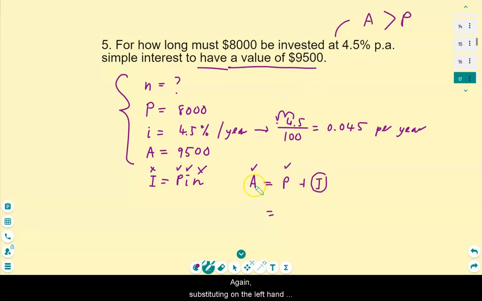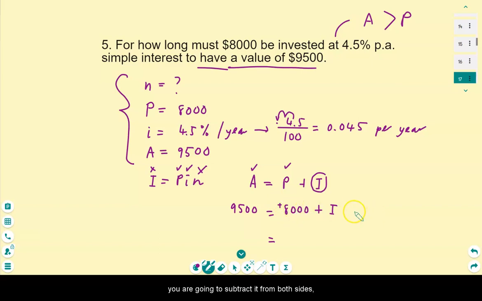We've got A, so again, substituting on the left-hand side will have to happen sometimes. 9,500. P is 8,000. I is our unknown. Now, since 8,000 is being added to I, there's a little imaginary plus sign here. You are going to subtract it from both sides.